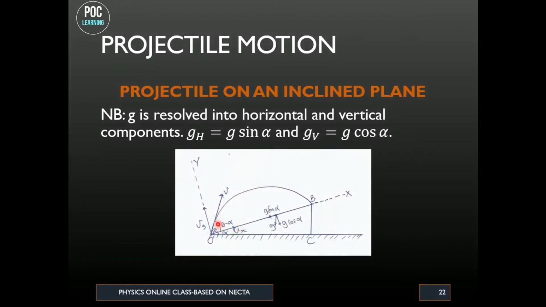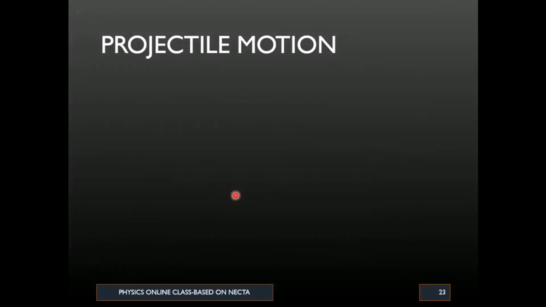The remaining value will be our angle of projection. Therefore, wherever we speak about the angle of projection with the inclined plane, with the slant of the inclined plane, we take theta minus alpha. And v naught here is the initial velocity of projection.